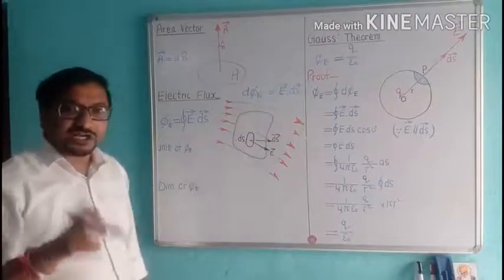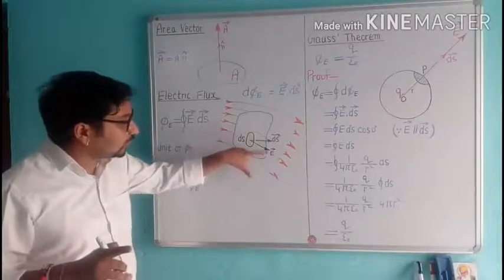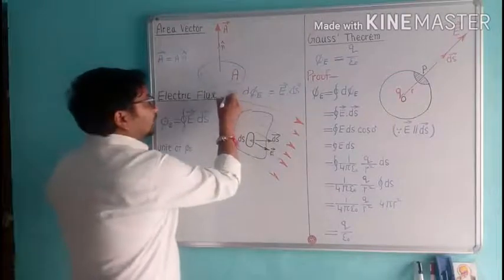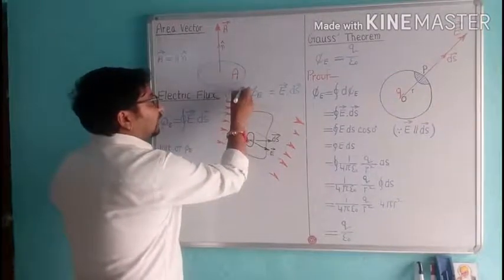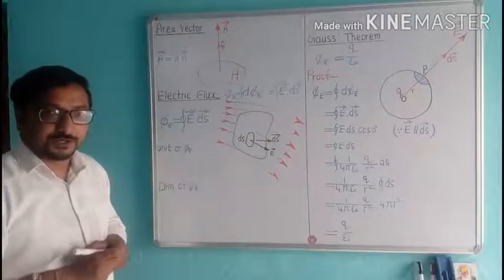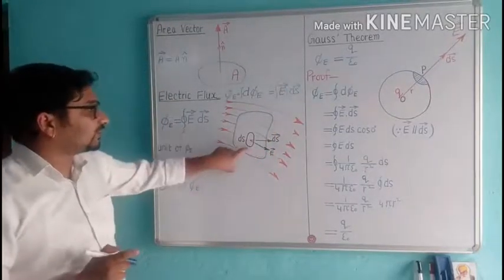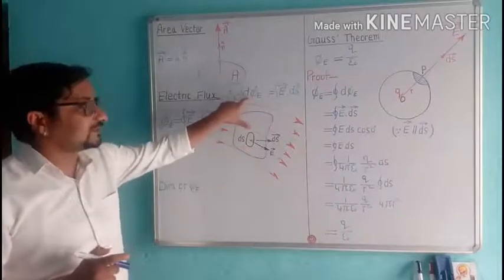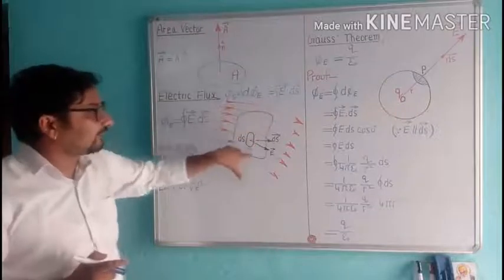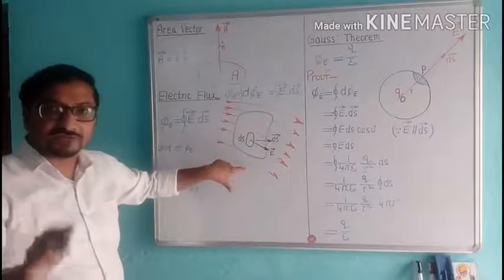Then the total electric flux passing through the whole surface will be phi e is equal to the integration of d phi, that is the integration of E dot ds. We integrate the flux passing through this small area element, which gives the total electric flux passing through the whole surface.